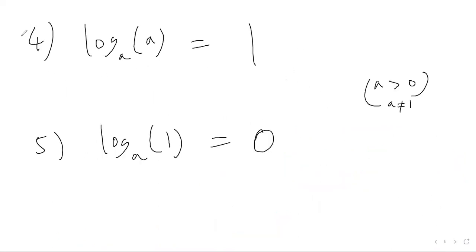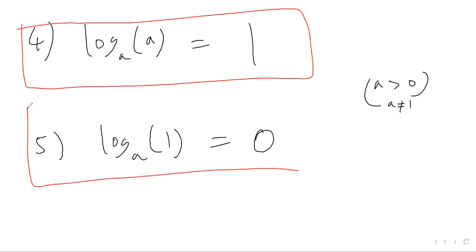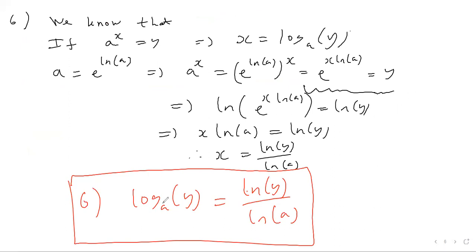We've got these two rules here. Log base a of a is just the number 1, and log base a of the number 1 is 0. And this final one here, log base a of y, is the same as the natural log of y divided by the natural log of a. In fact, this rule is true for any general base, regardless of whether that's base e.